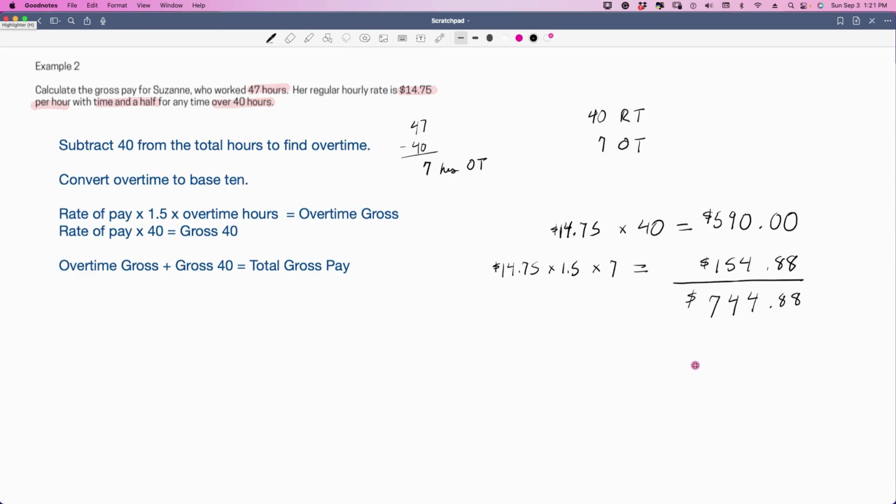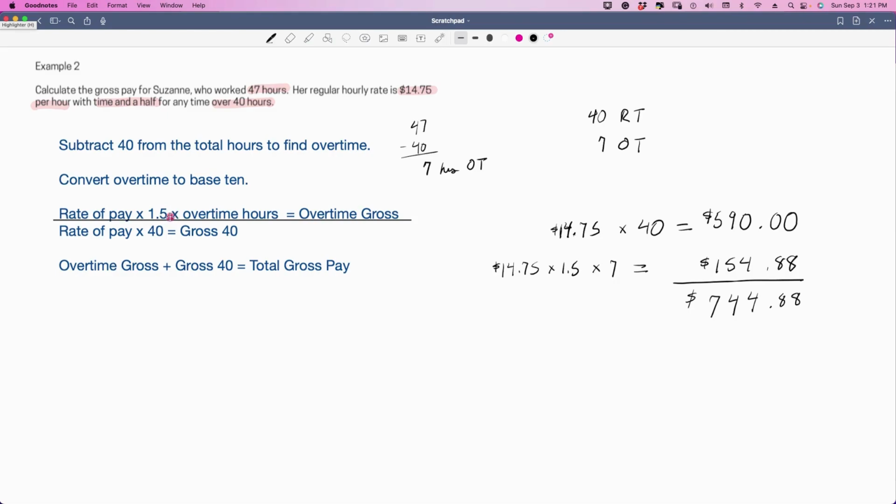And that's how you would solve that problem. So remember, when you're calculating overtime, it's almost the same as the regular time rate of pay, except that you have to multiply in the factor of 1.5. You add that to turn it into time and a half. Okay?